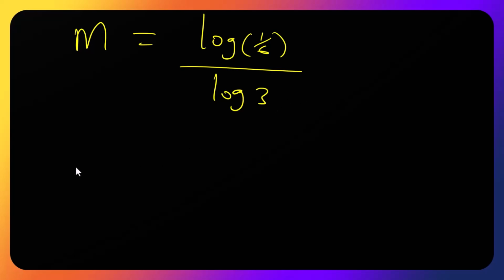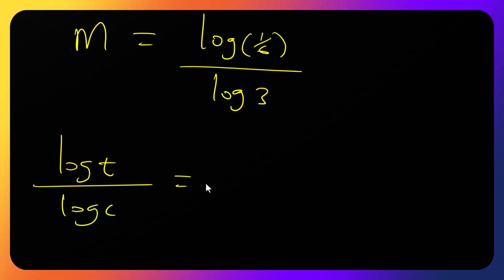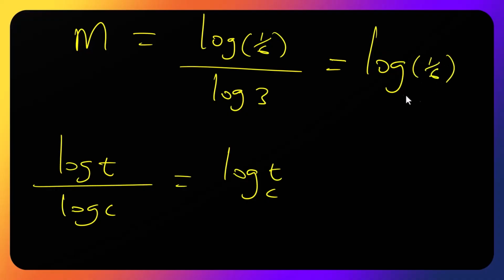Now when we have log t on log c, it is the same as log t to base c. So this will be log 6 base 3. That's the answer. All right.